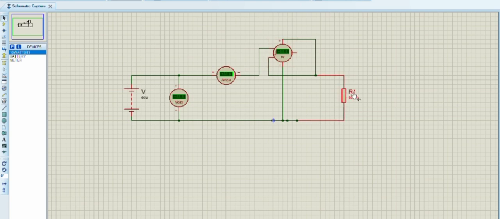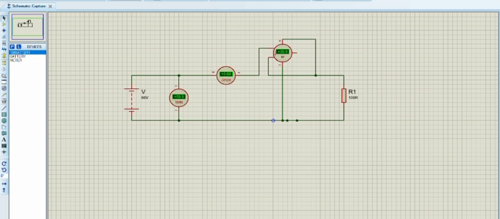Okay, after that we will do some simulation. The first value for the resistor is 100 ohm. Then we run the program, and we get the answer in the voltmeter, ammeter and also wattmeter.